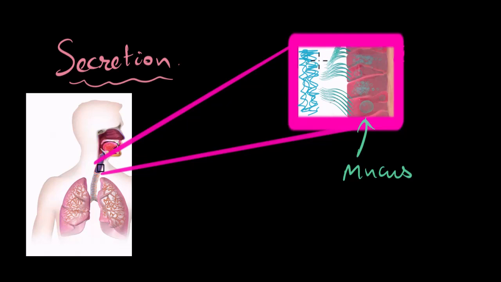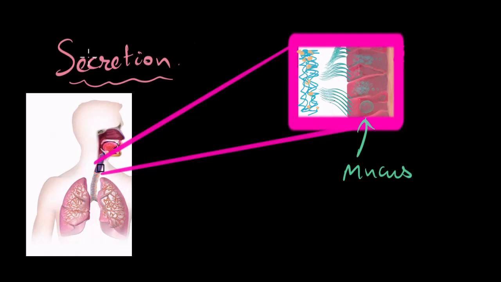But mucus is constantly produced by our respiratory system, and one of its main functions is to trap these dust particles. Let me draw dust, say, in brown, and mucus is really good at trapping some of these dust particles and cellular debris.